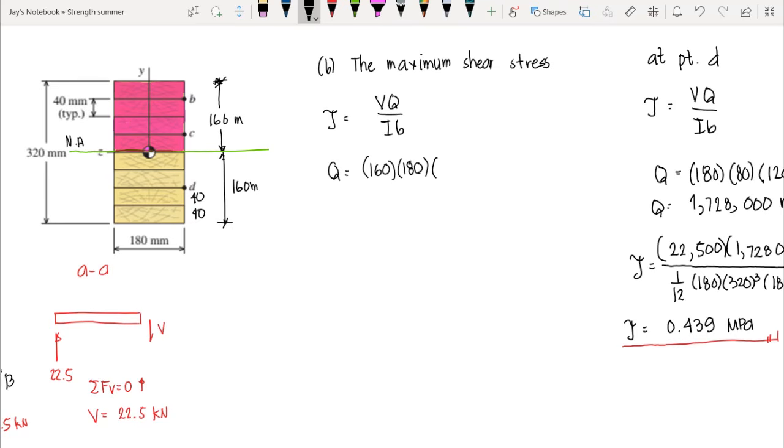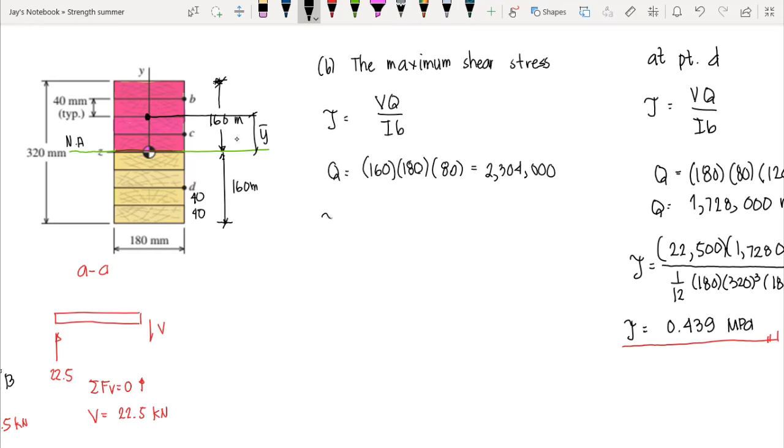Then we have our barred Y, that is from the centroid to the neutral axis, or that is just 1/2 of 160, which gives us 80, correct? Then we have our Q, which is 2,304,000.